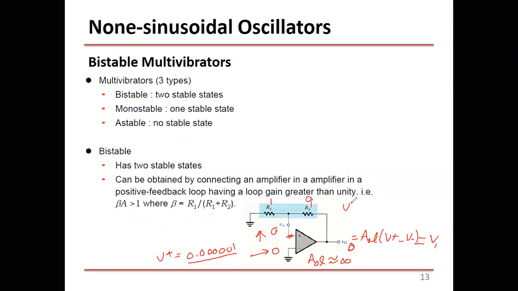So V plus, as we mentioned, is going to be R1 over R1 plus R2 times V out. In this case you have a voltage here, which is how much? 1 over 10 of V1.